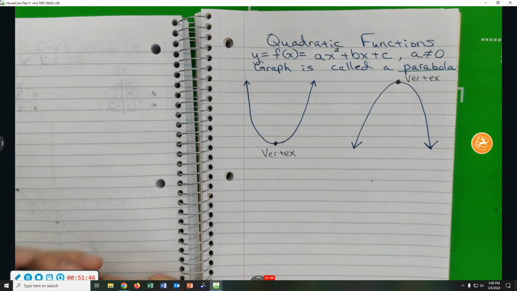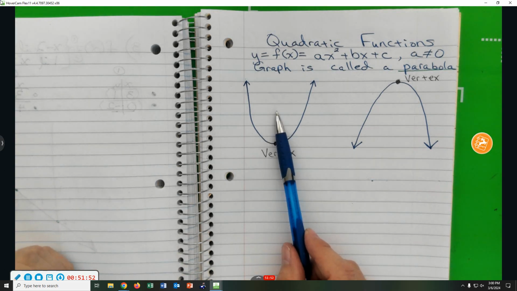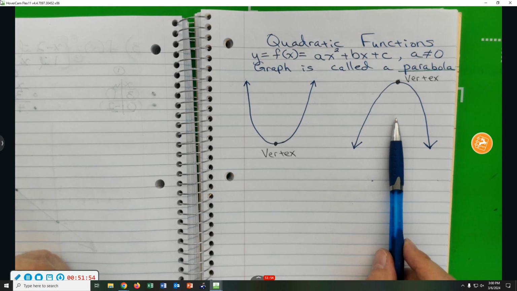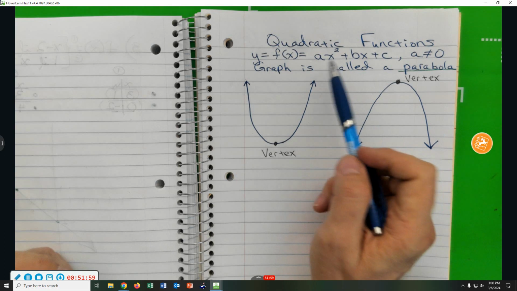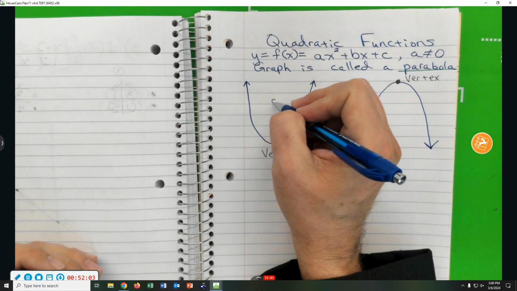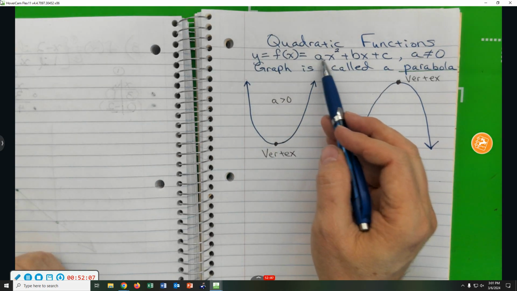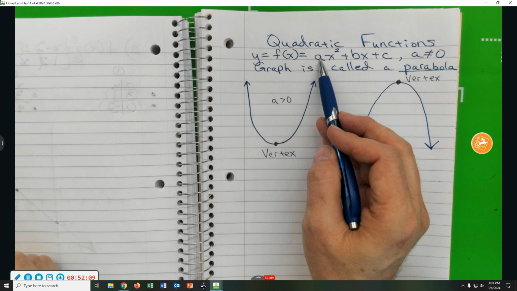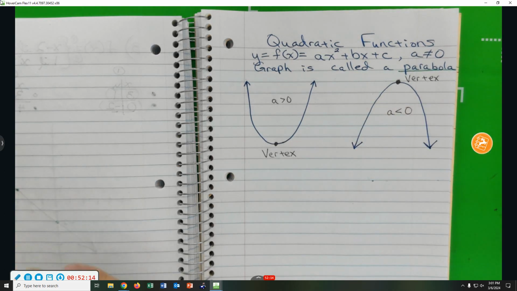When I'm looking at the equation, I can decide whether the parabola is going to be opening upward or downward. If it's going to open upward, the leading coefficient, the number in front of x squared, must be positive. If that coefficient on x squared, the a value, is negative, then you expect the U to open downward.